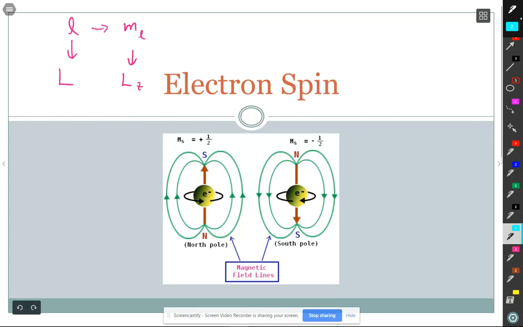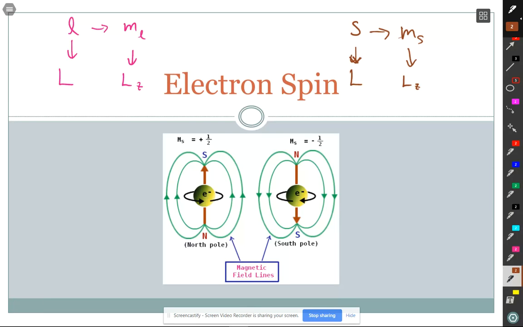So now we have m sub s that tells us the angular momentum in the z direction due to the spin. What other quantum number should we have? And we're going to have the same rules.